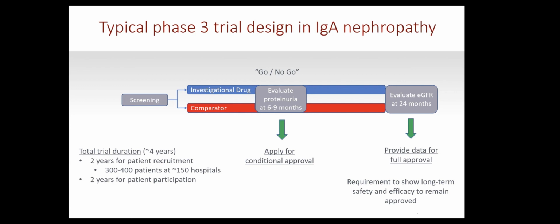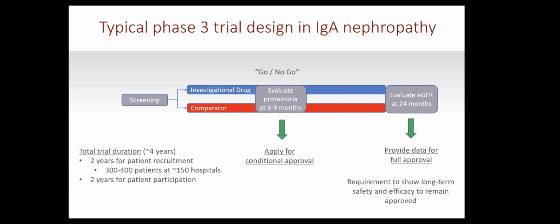That data will provide full approval of the drug. And there are at least 5 trials ongoing which have this basic core design. And we have, as John mentioned, Nefecon or Tarpeyo, which has now generated that 6 to 9 month data on proteinuria. We still wait for the eGFR data, but it's got conditional approval.